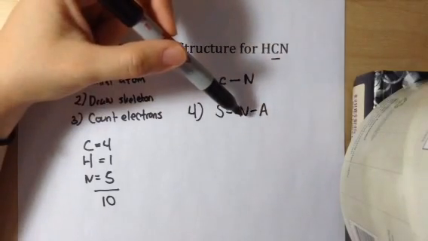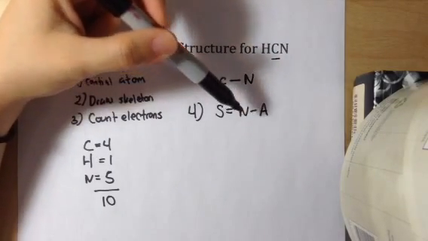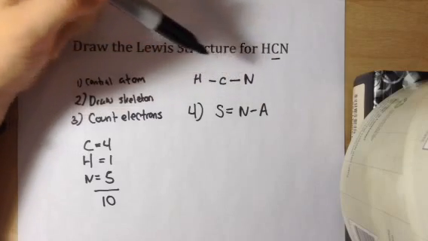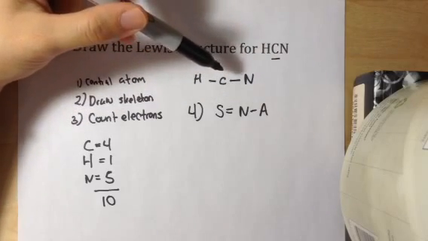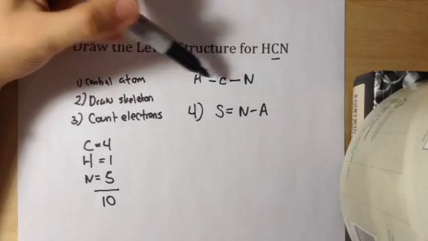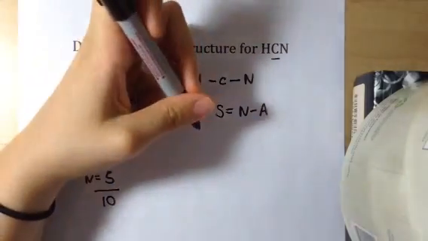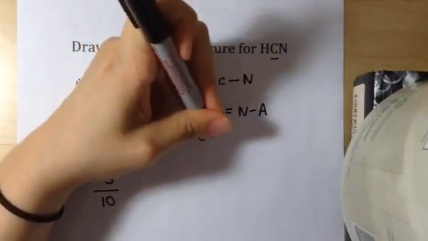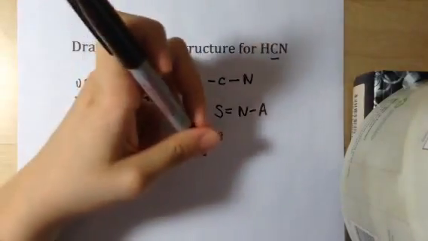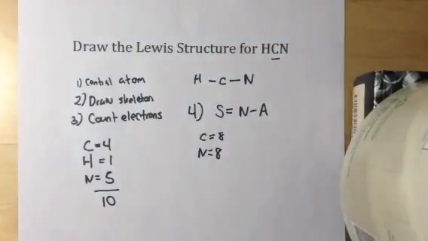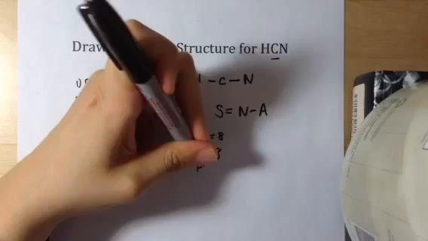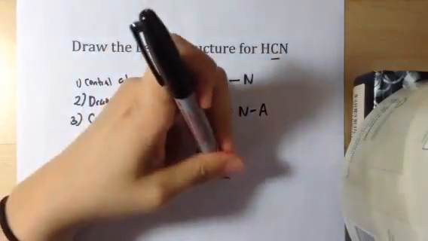So each atom needs 8, with the exception of hydrogen and helium, and some other exceptions, but for now, hydrogen and helium. So carbon needs 8, nitrogen needs 8, and hydrogen needs 2.